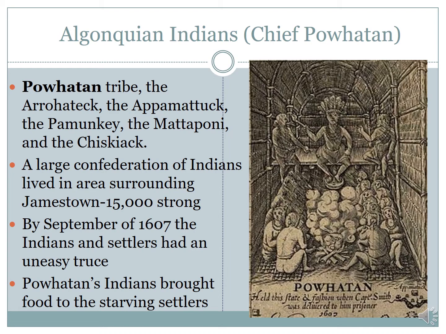Powhatan is essentially the leader of this confederation of multiple tribes, and I have listed out the tribes here for you on this slide. The numbers are hard to know for sure, but it's estimated that there were probably somewhere around 15,000 Native people living in the areas directly surrounding Jamestown.